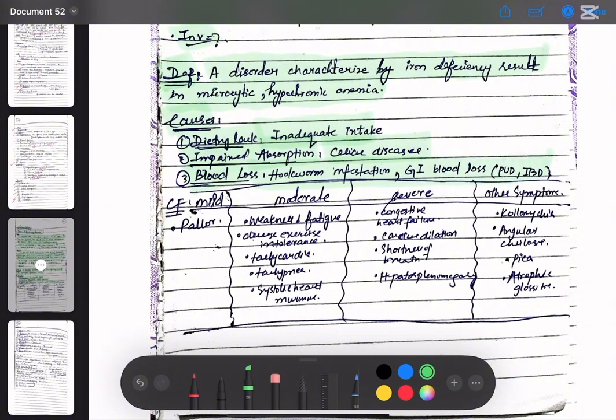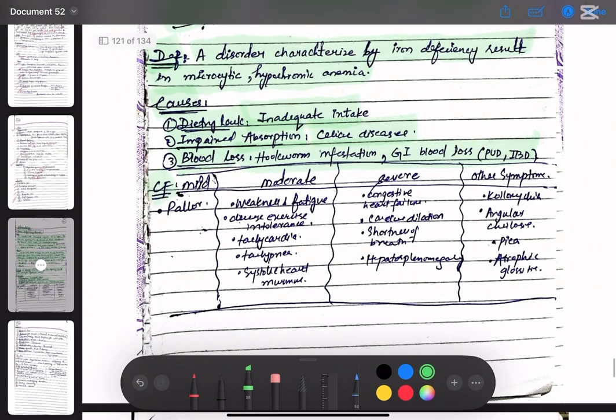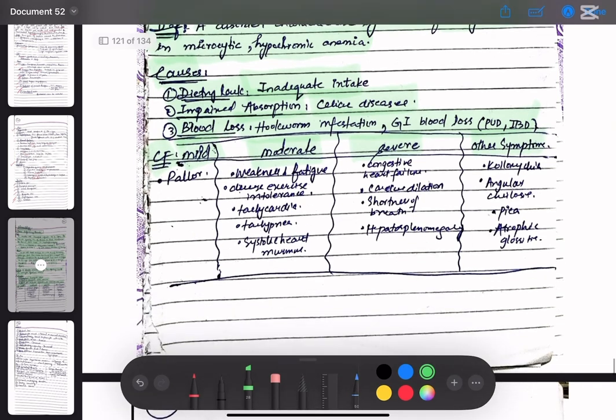Now, the clinical features of iron deficiency anemia are mild, moderate, severe, and other symptoms. In mild iron deficiency anemia, the patient is pale. In moderate cases, there will be weakness and fatigue, decreased exercise tolerance, tachycardia, tachypnea, and systolic heart murmurs.